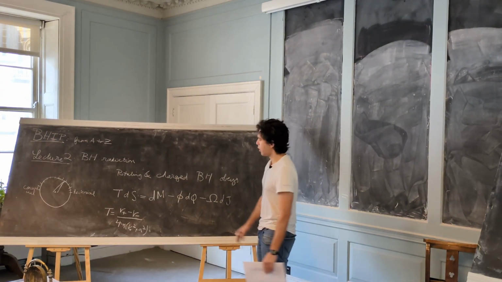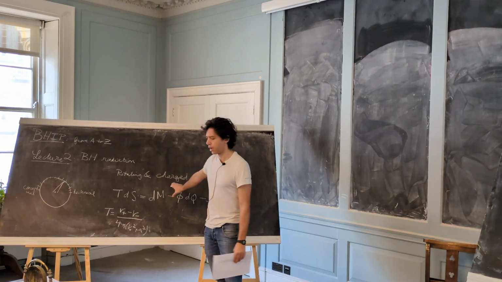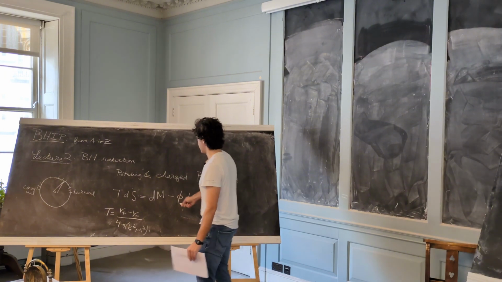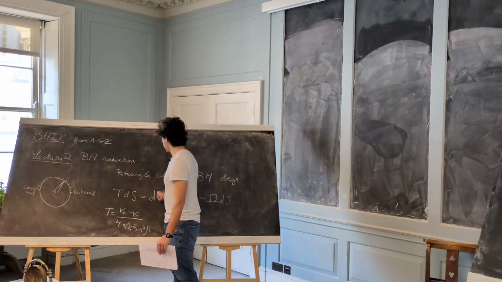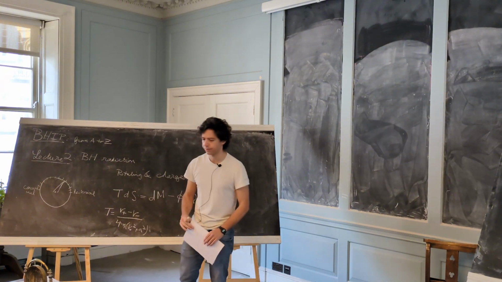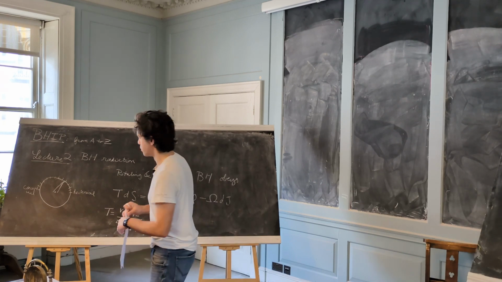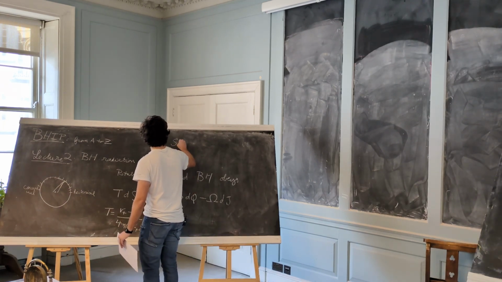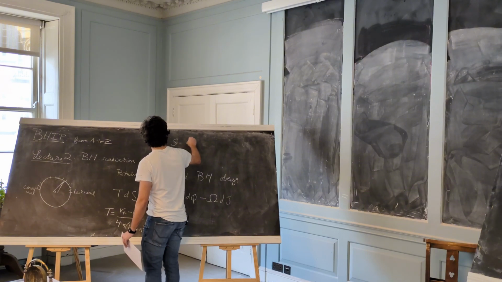So all we did to derive this formula was we looked at the black hole solution and we assumed that we had a first law. So we assumed that we could write the entropy as A over 4G.